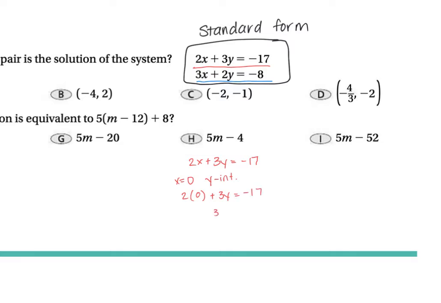We're going to get 3y equals negative 17. How do we solve for y? Divide by 3. So y equals negative 5 2/3.